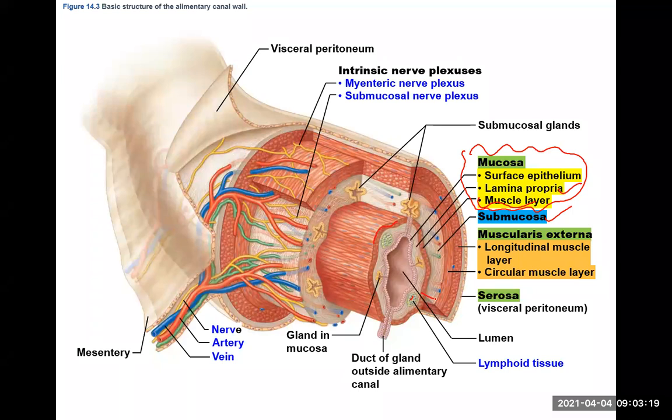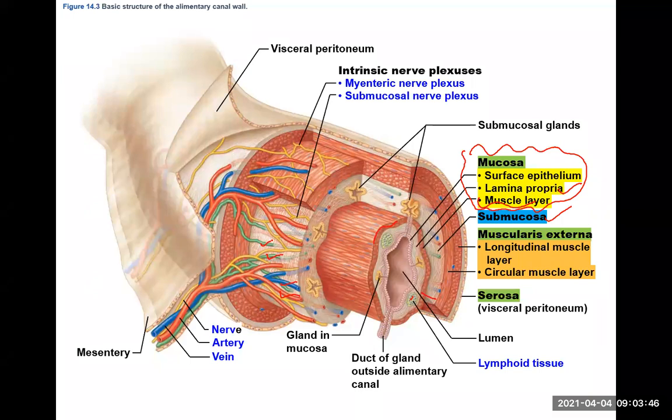Now what is this layer known for? If you see here, all the big vessels, whether it is a vein or a big artery which supplies the intestines or stomach or the gut, the alimentary canal, and whether we talk about lymphoid vessels, which we call lacteals, they all are present in which layer?